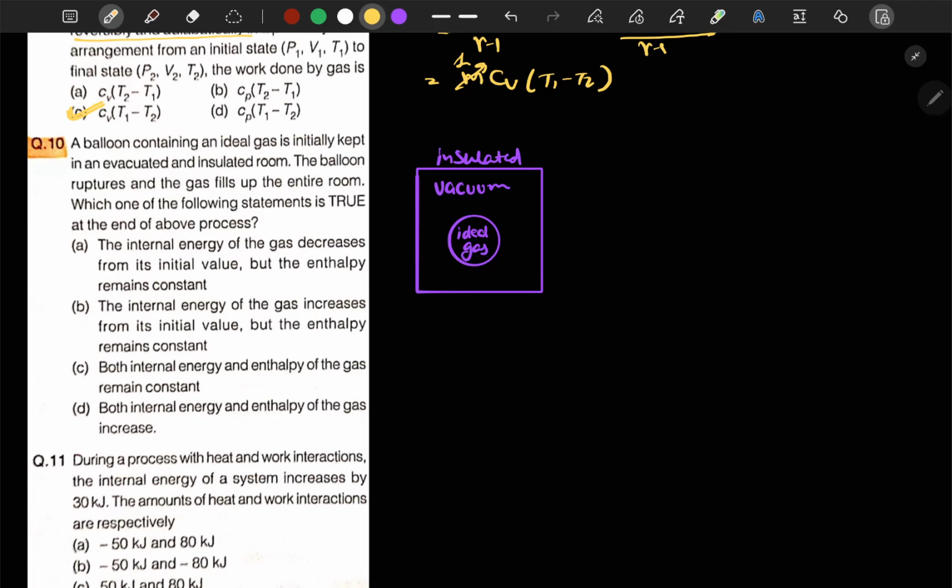Now it ruptures. The options: the internal energy of the gas decreases from its initial value but the enthalpy remains constant; both internal energy and enthalpy of the gas remain constant; the internal energy of the gas increases and the enthalpy remains constant; both internal energy and enthalpy of the gas increase.